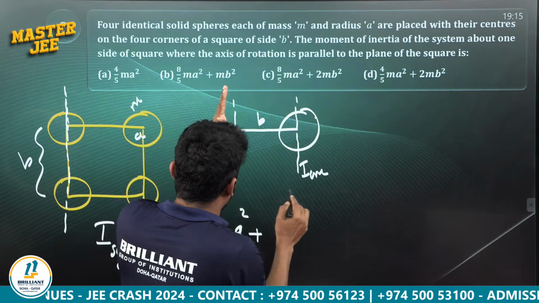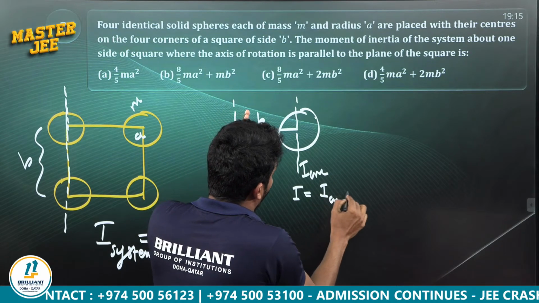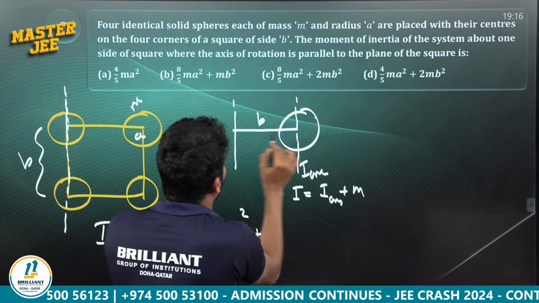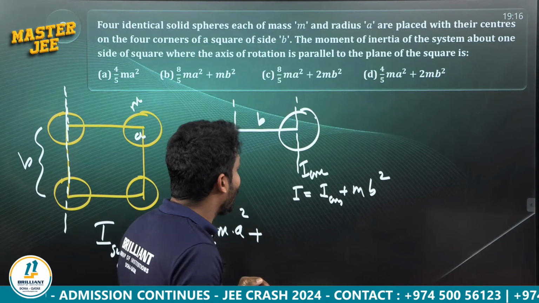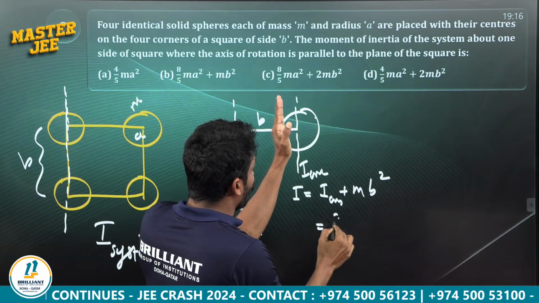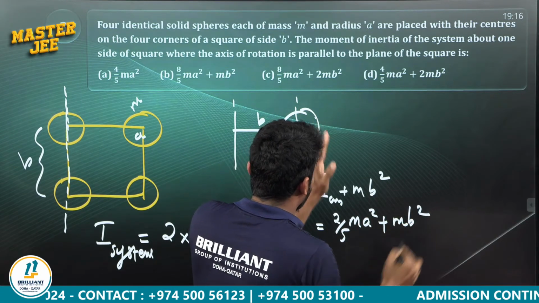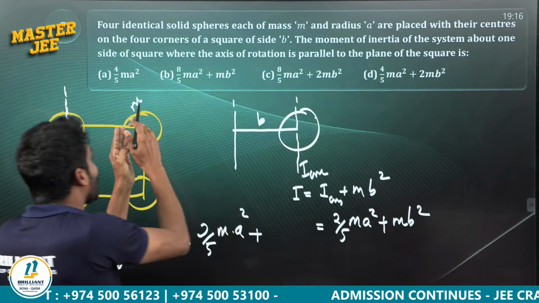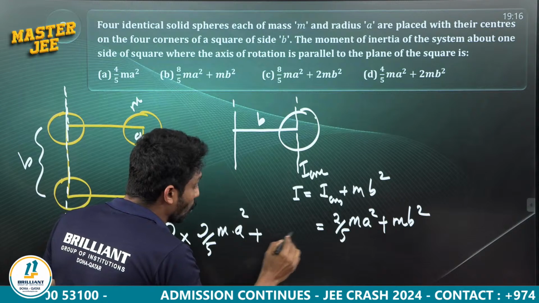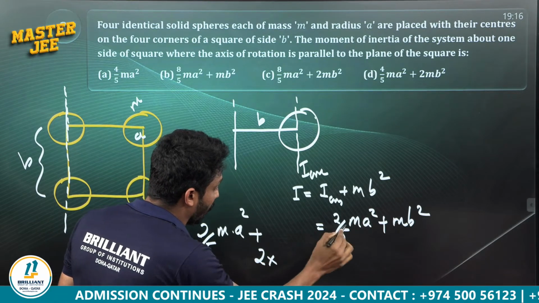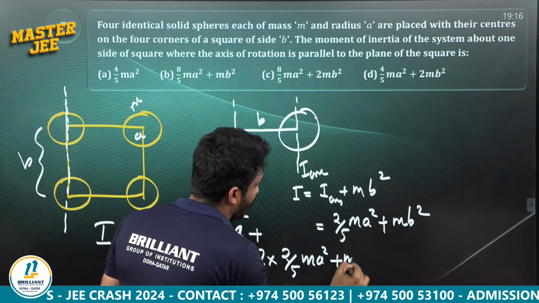Then I is equal to ICM plus mass into square of distance, and the distance is b. That is the parallel axis theorem. Here ICM is 2 by 5 m a square, plus m b square. This is the I value of a single sphere based on this axis, and there are two such spheres, so 2 into 2 by 5 m a square plus m b square.